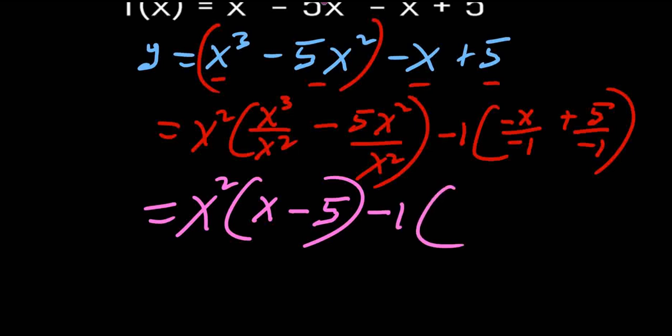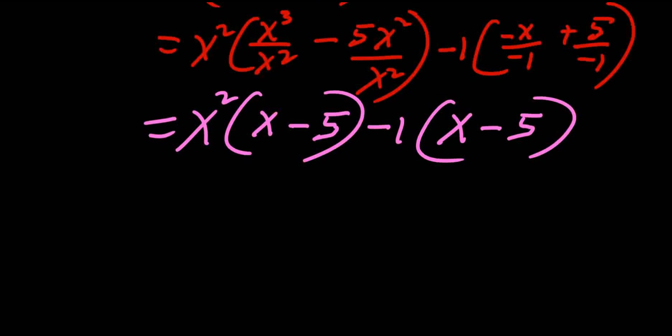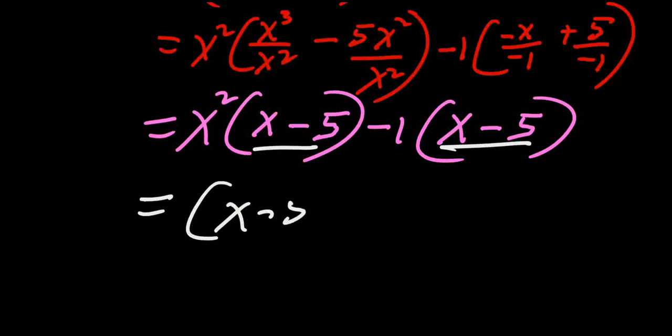And if you divide negative x by negative 1, that's going to give you just x. And plus 5 divided by negative 1, that is negative 5. Good. So now look at the content of the parentheses. You can see that it's the same. So what you need to do, just simply open the parentheses and write them here.